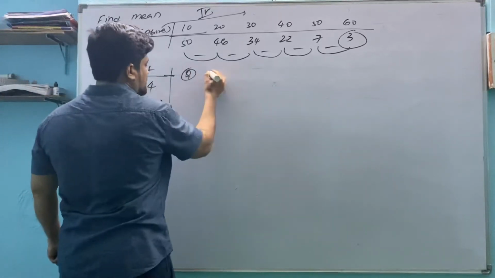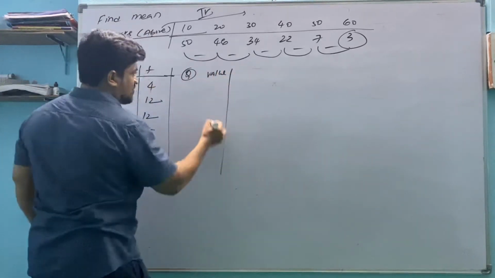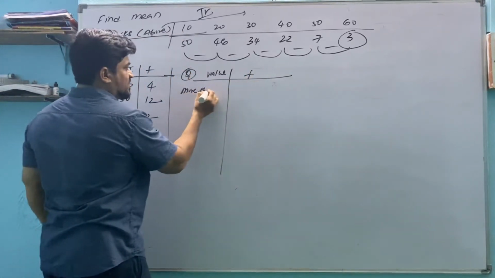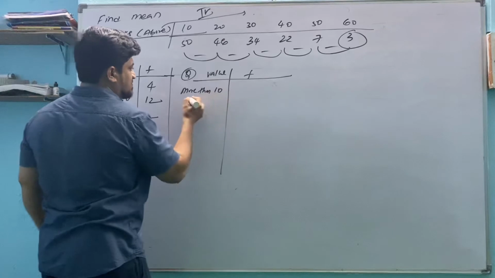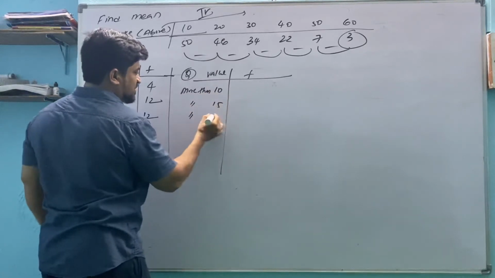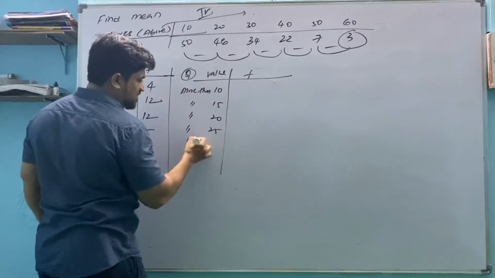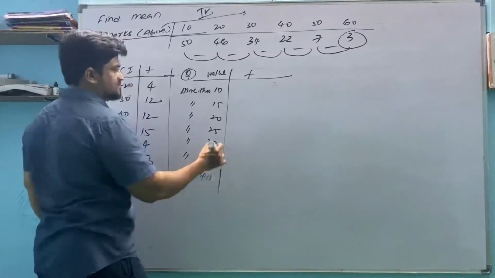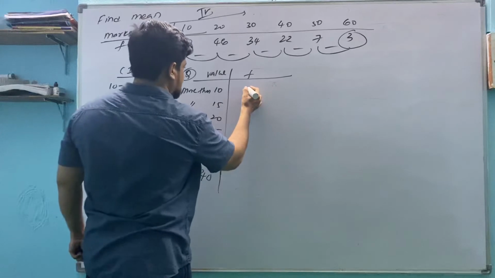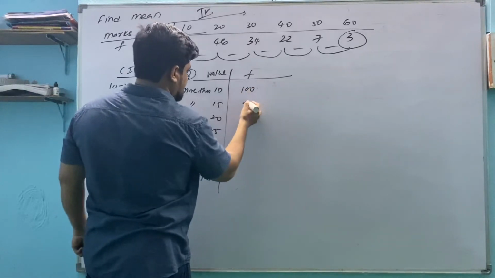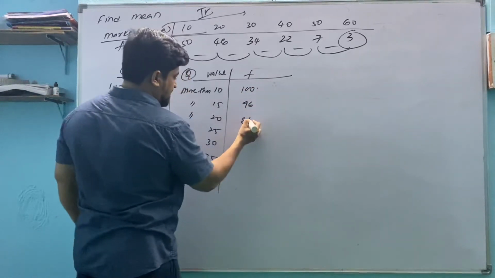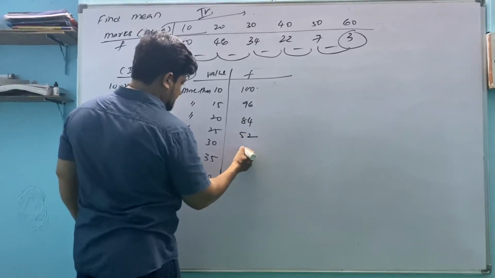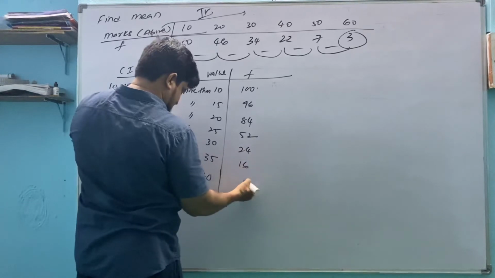Suppose the question is in this form: value or marks, frequency, more than 10, more than 15, more than 20, more than 25, more than 30, more than 35, more than 40. 100, 96, 84, 52, 24, 16, 6.